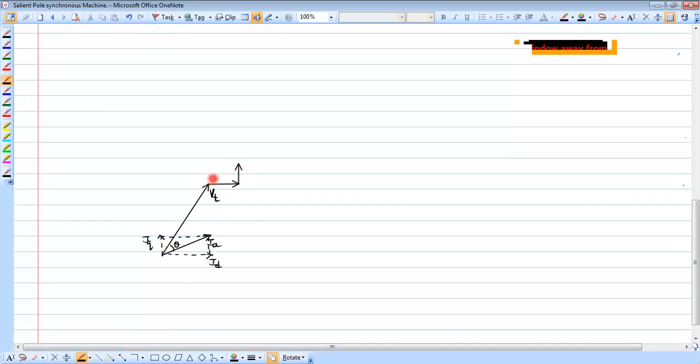So this is Id into Ra, and this is Iq into Ra. Iq Ra is in phase with Iq, Id Ra is in phase with Id, the resistance drop, right? So the sum of these two gives you Ia Ra, okay.